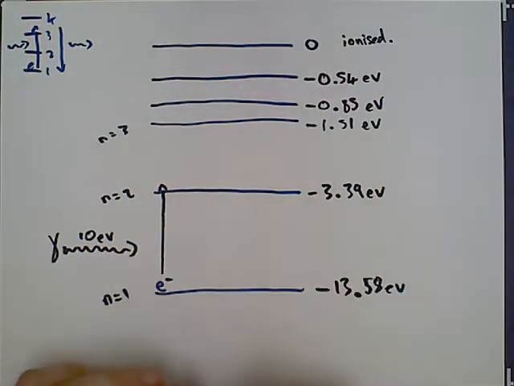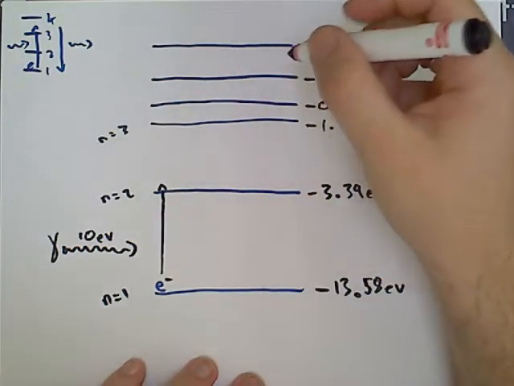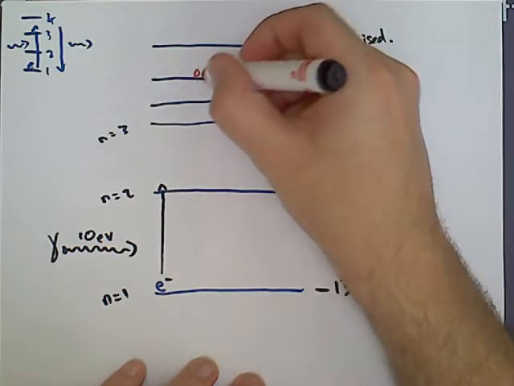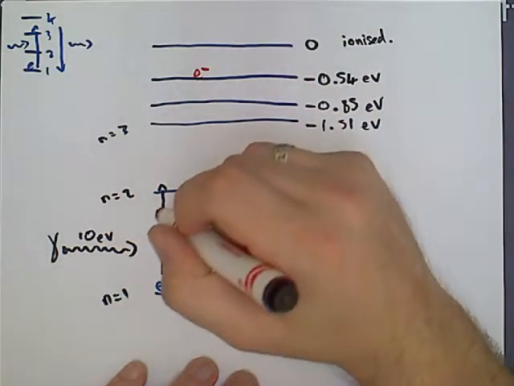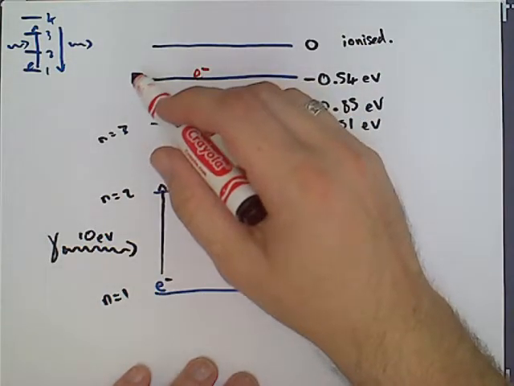So, in exactly the same way, electrons can jump up and jump down. Say we have an electron all the way up here at this top energy level, super high energy, n equals 5.